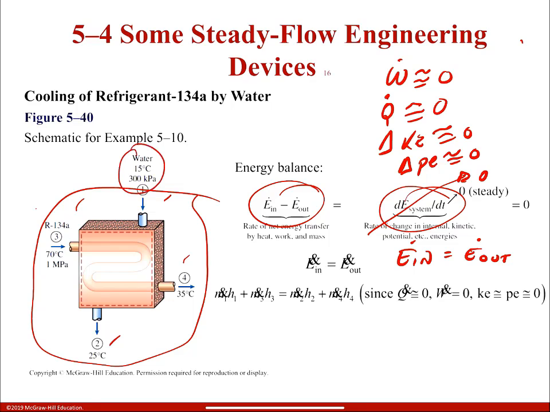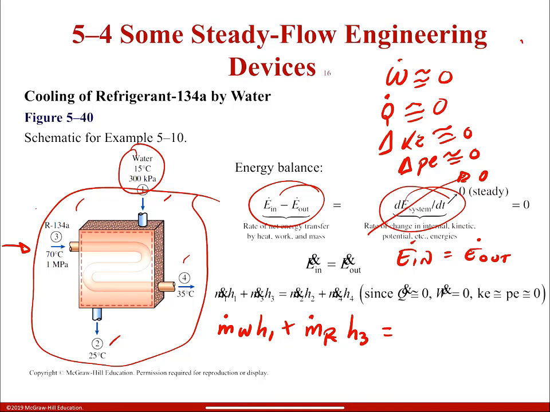It's water. So mass flow rate of the water times enthalpy 1. That's coming in. What else is coming in? This one right here, plus mass flow rate of the refrigerant times H3. It's equal to everything that comes out.